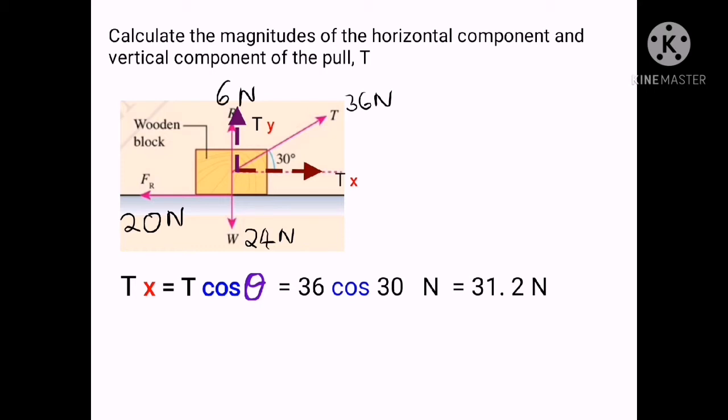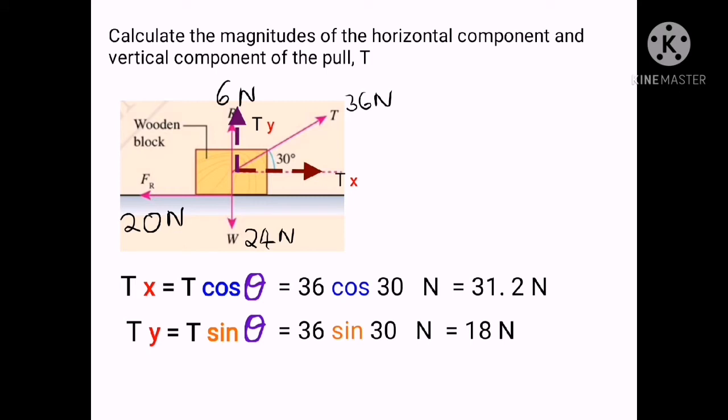Now let's calculate Ty. Ty, the formula that we use is T sine theta. So my Ty is equal to 18 Newton. Alright, my Tx is 31.2 and my Ty is 18.